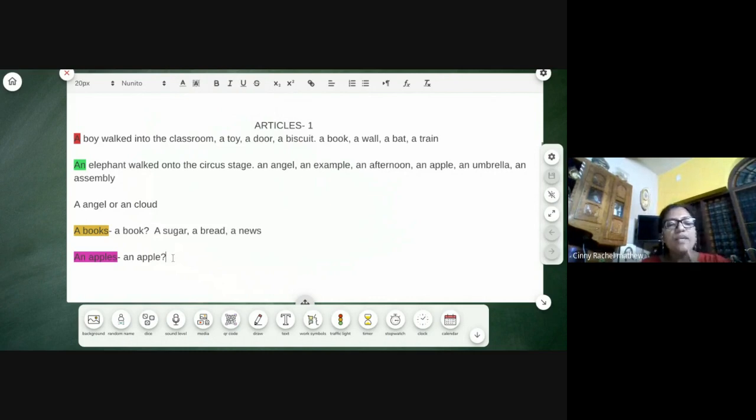The same way, can you use the other indefinite article an to say an enjoyment?